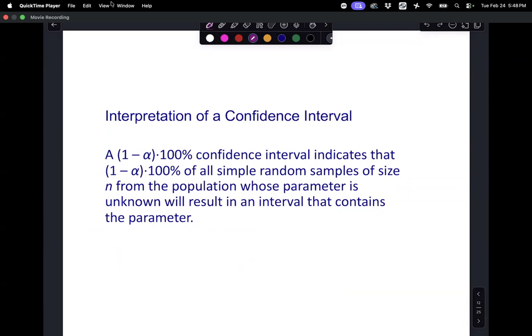So what we're saying is that I am 95% confident that the actual population proportion is within my confidence interval, because we're estimating what the actual value is, because we don't know that.